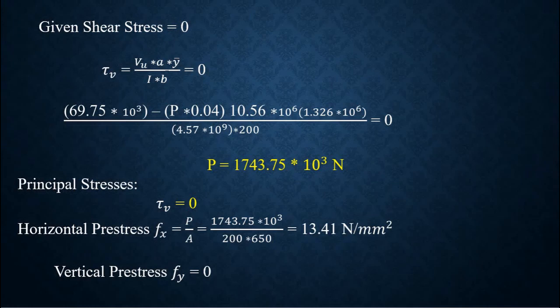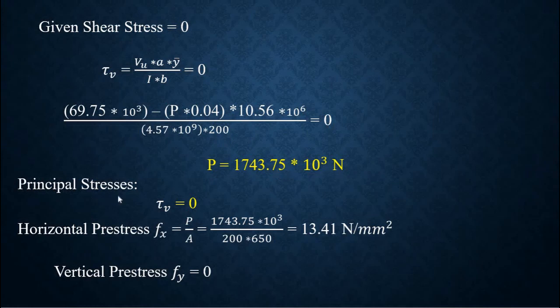So in this formula, substitute all the terms, VU minus P into 0.04 into 10.56 into 10 power 6, whatever A Y bar we have got, whatever VU we have got, I have just substituted everything here. After substitution, for the denominator, I value is 4.57 into 10 power 9 into B is 200. After solving this, we will get P as 1743.75 into 10 power 3 Newton.